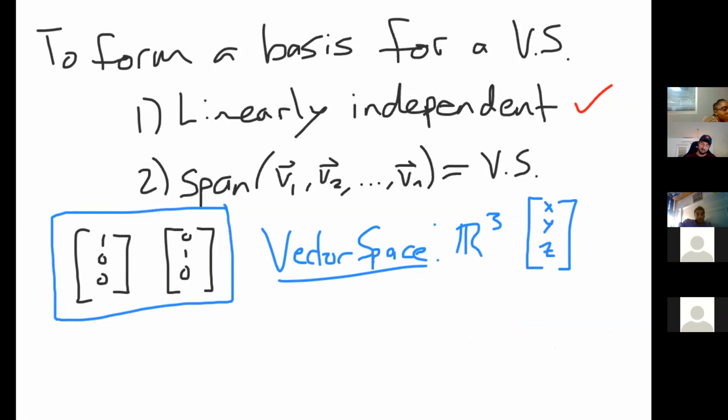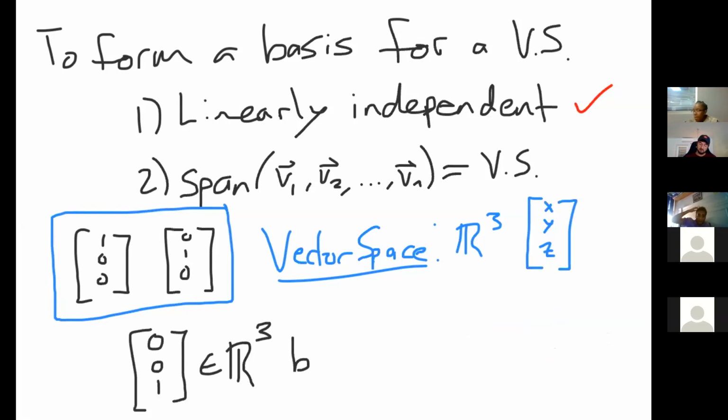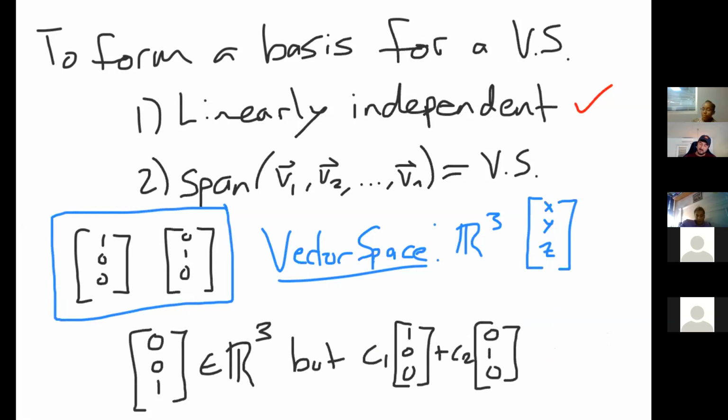That's one nice little simple example. 0, 0, 1 is in R3, right? It is a vector with 3 entries. But I can never find any coefficients for those two vectors, so c1 and c2, such that when I add them together, I'm going to get 0, 0, 1, because in both of these cases, that bottom row is a 0.